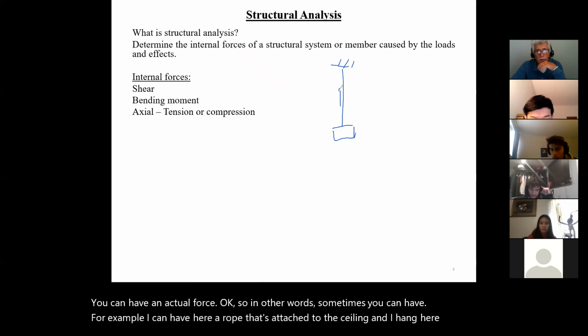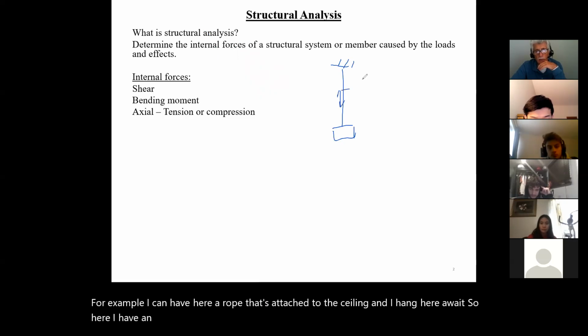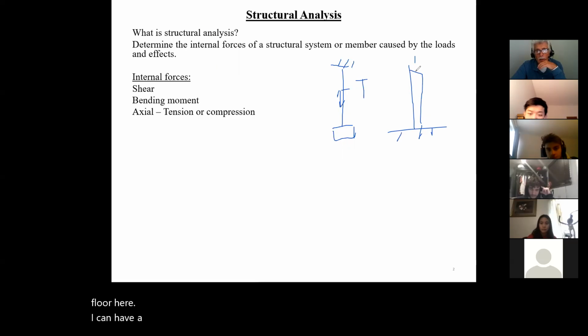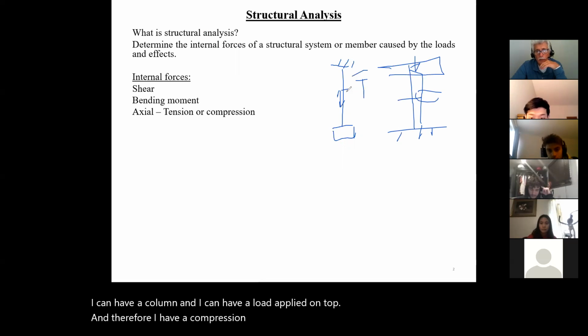So here I have an axial force, and of course this would be in tension, or vice versa. I can have a floor, a column, and a load applied on top, and therefore I have a compression force. So these are all internal forces that the member is going to be subjected to.